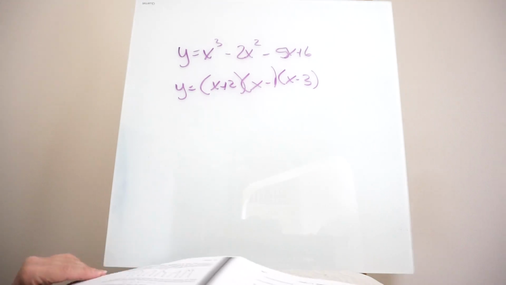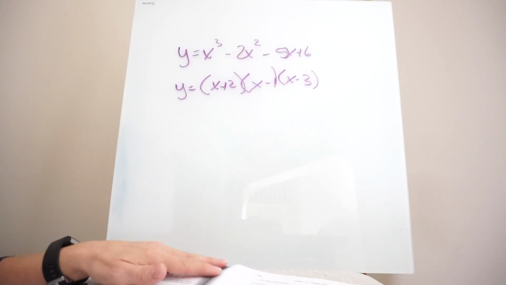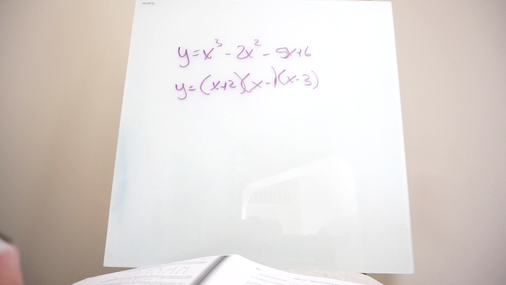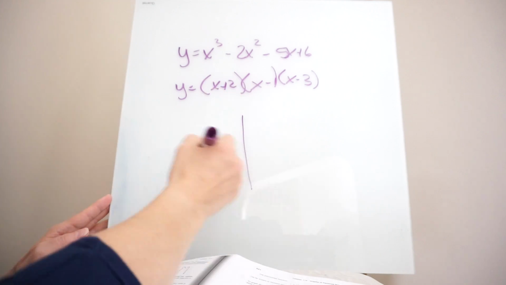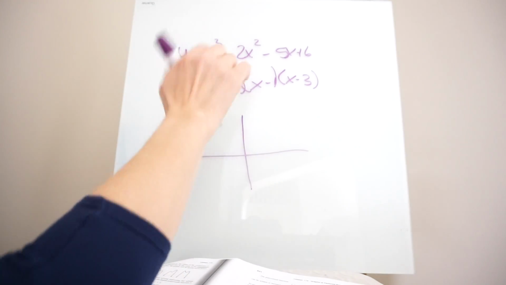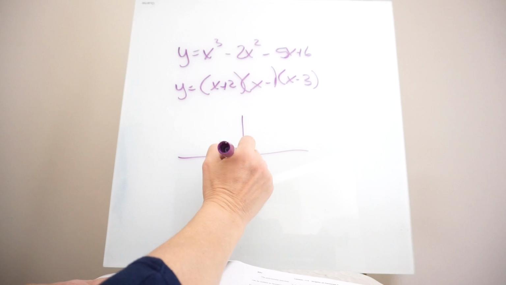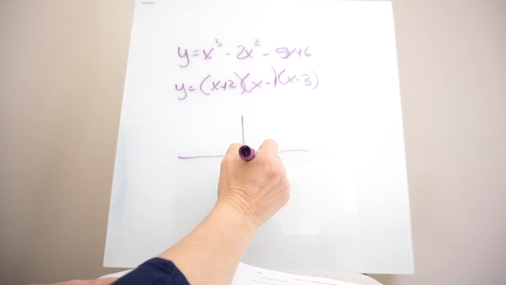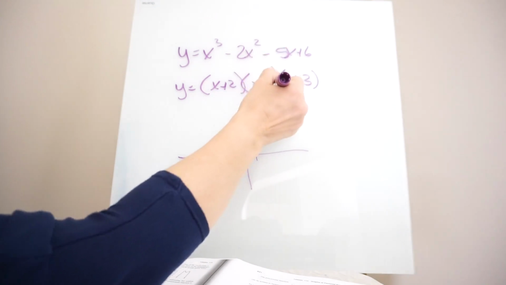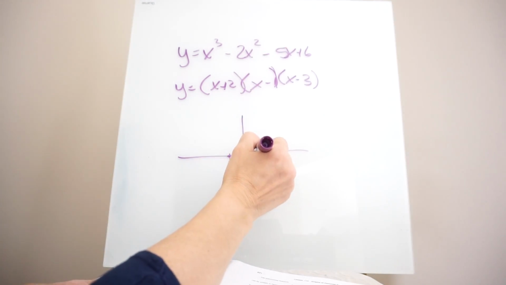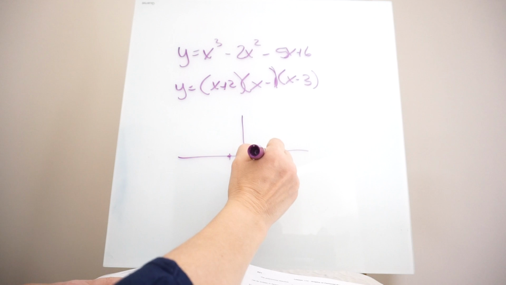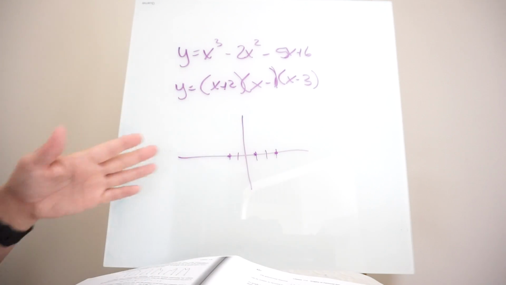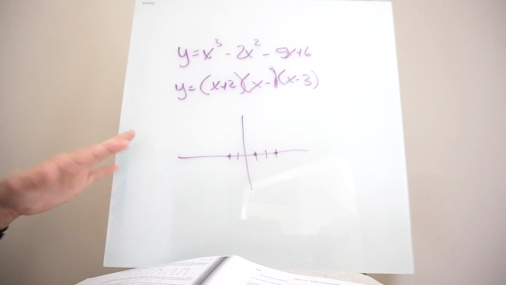So it could be factored like that. We know that it's going to cross the x-axis at negative 2, so we can put a dot there. We know that it's going to cross the x-axis at 1, so we can put a dot here. And we know that it also is going to cross the x-axis at 3. So that starts to give us at least some information about this graph.